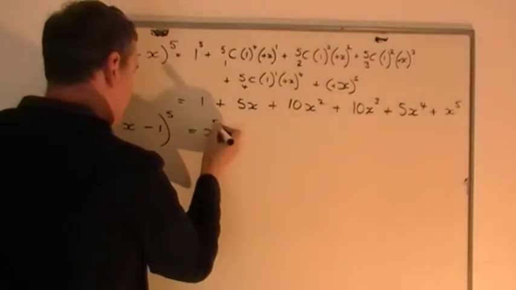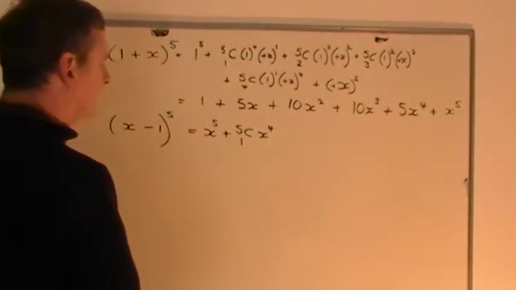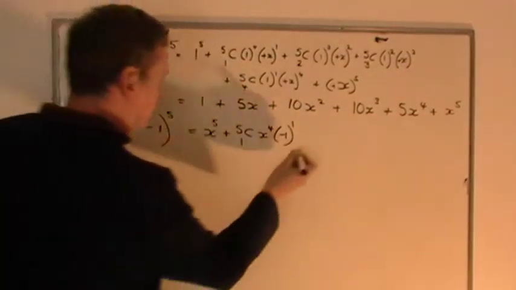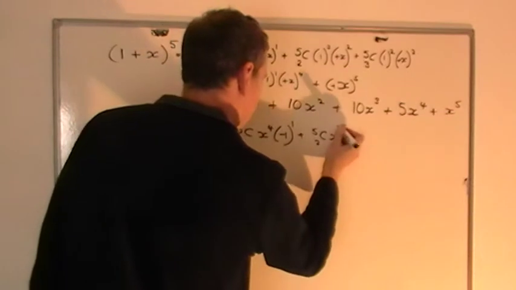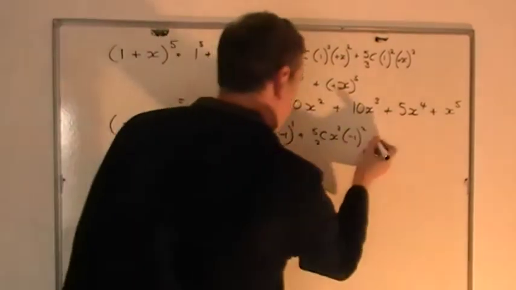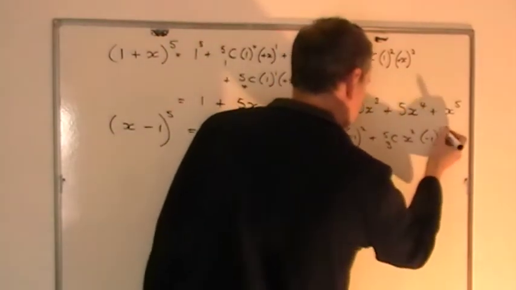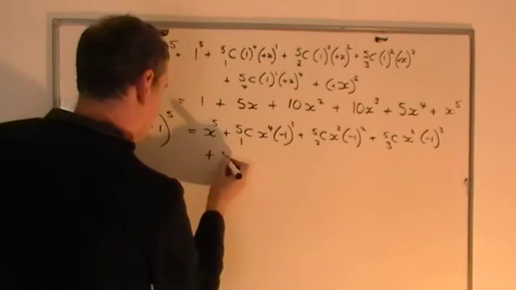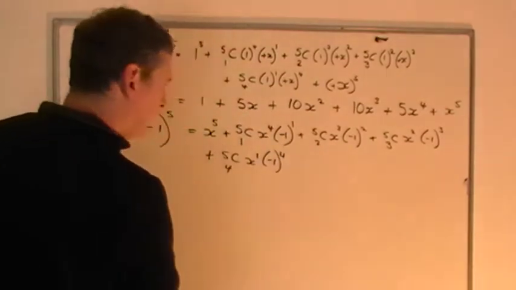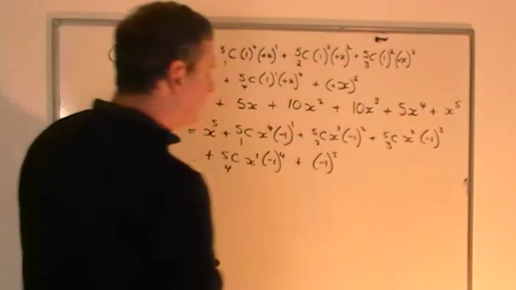First term, x to the power 5, plus 5 choose 1, then we have x going down to a power 4, and then the second term is minus 1 to the power 1, plus 5 choose 2, x goes down to a power 3, and then we have minus 1 rising to a power 2, plus 5 choose 3, x falls to power 2, and minus 1 rises to power 3, plus 5 choose 4, x falls to a power 1, minus 1 rises to power 4. Plus, x is vanished now, and you just end up with minus 1 to the power 5.